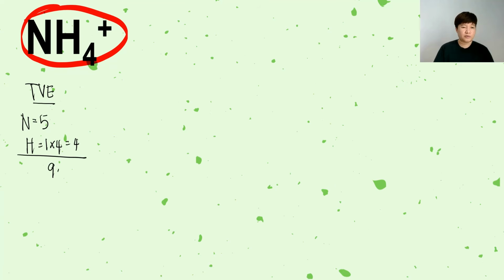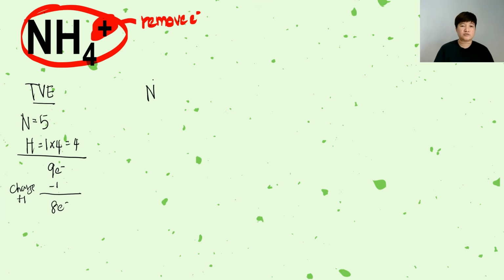Total valence electron over here is 9, but you have a positive charge, and positive charge happens because you remove electron. So when you remove electron, we need to minus out the electron. The charge over here is positive 1, so we need to minus 1 electron out. That will give rise to 8 electrons left for your Lewis structure.